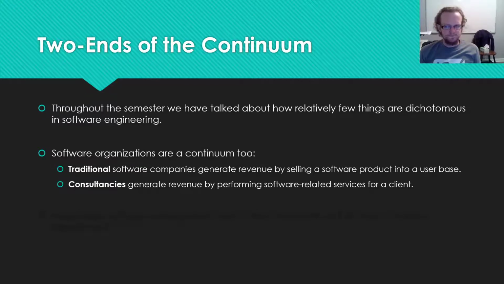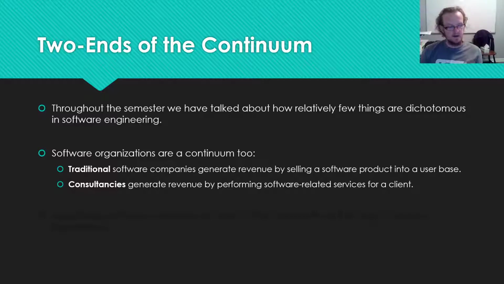If you think about one side being the extremely traditional concept of what software engineering organizations look like, they are the IBMs, the Microsofts, the Googles of the world. These companies typically generate revenue by selling some sort of software product.